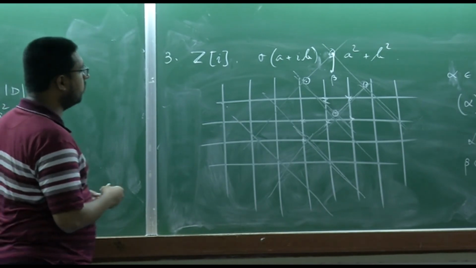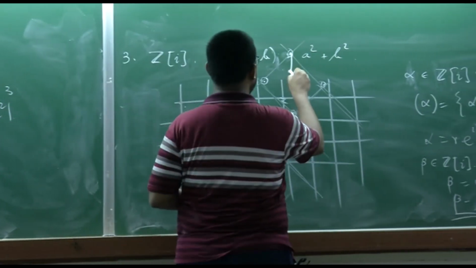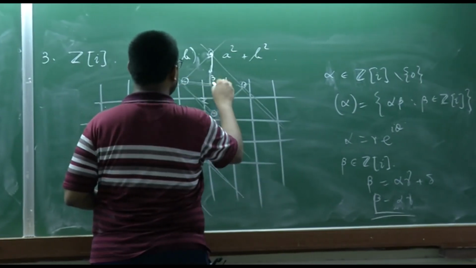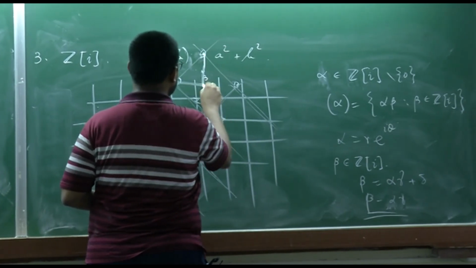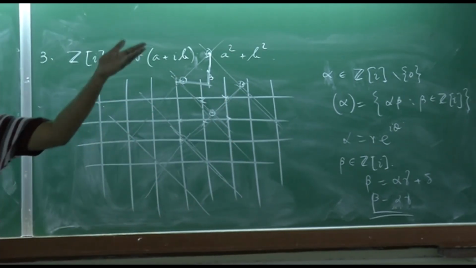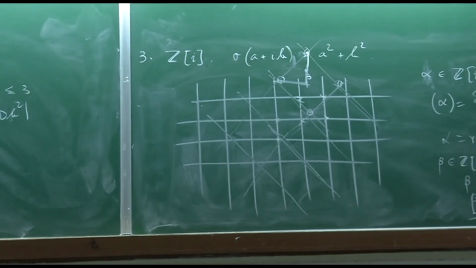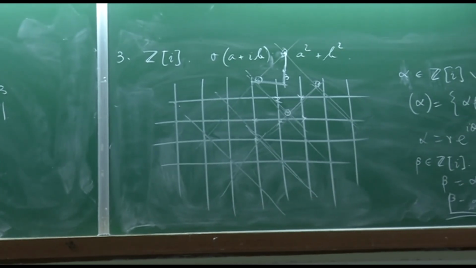Because there could be multiple choices for the remainder, the number of choices of course at most 4, but the thing is that we cannot always expect the uniqueness.